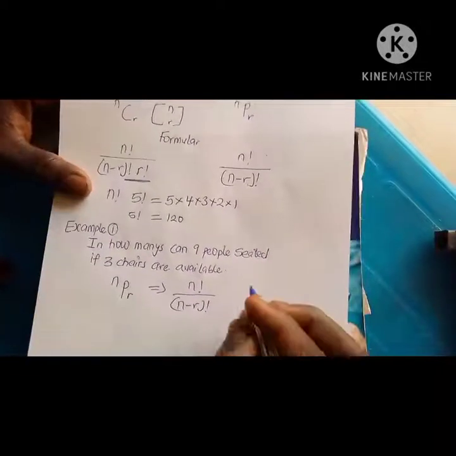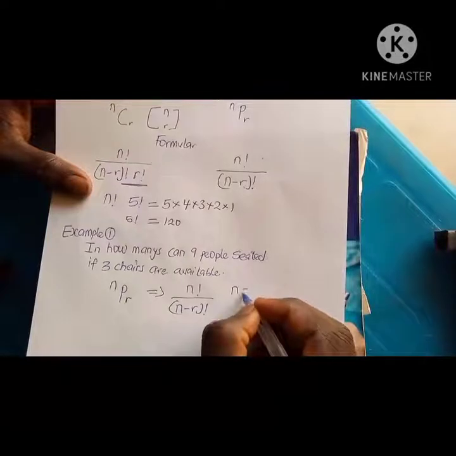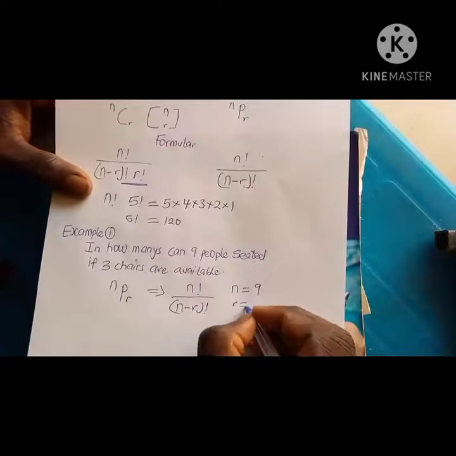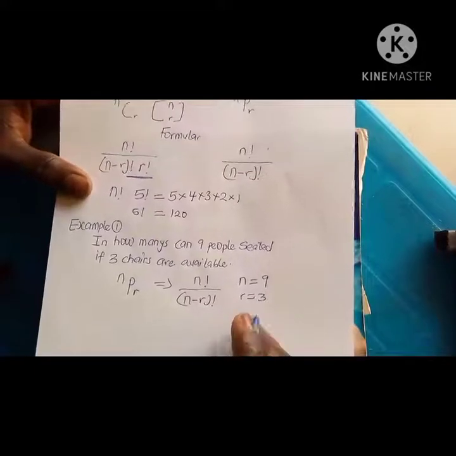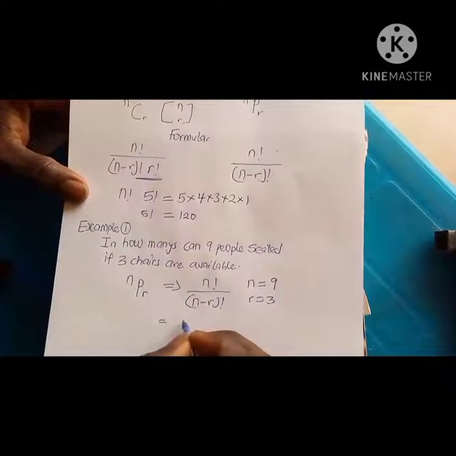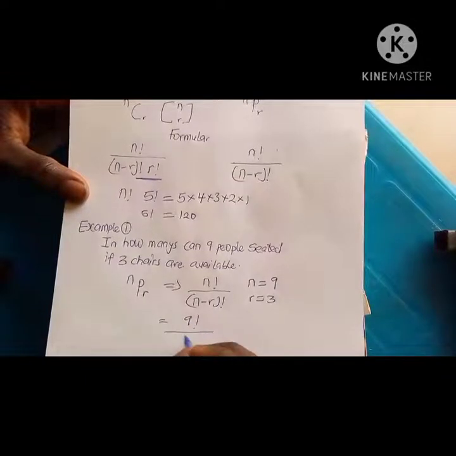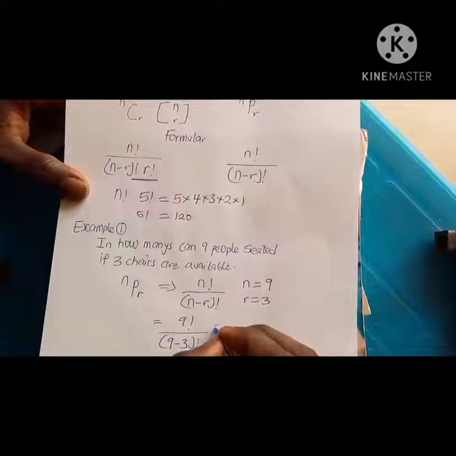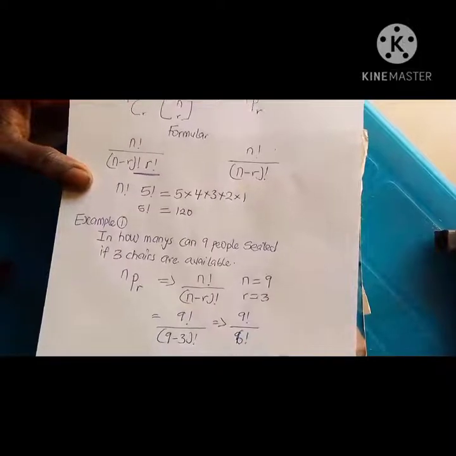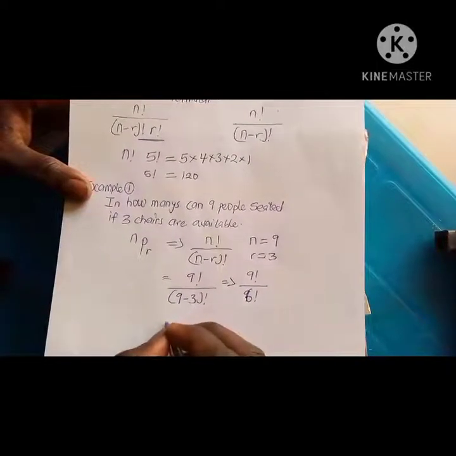Don't forget that n is going to be the bigger value, which is 9, and r is going to be 3, the smaller value. Putting these values into the equation, we have 9 factorial all over (9 minus 3) factorial, which implies 9 factorial divided by 6 factorial.